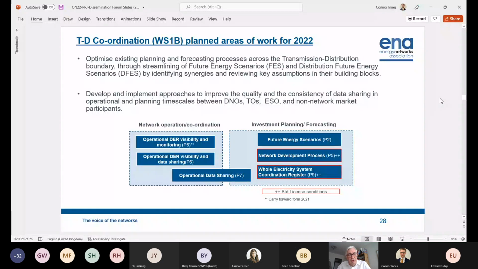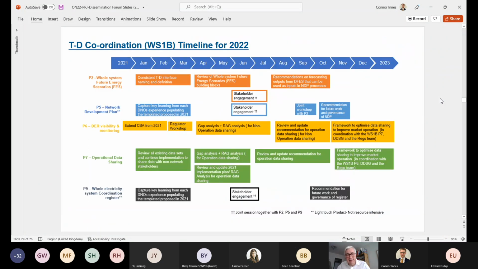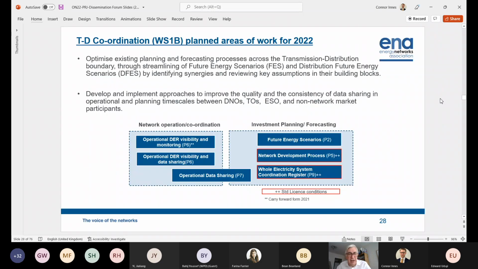But also we've been looking into our approaches to improve the data offering, the quality of that data, and the consistency across all DNOs, TOs and ESO, so that non-market participants know when they're looking at a data set in one network company and then in another, that they're on a consistent basis, and it will aid the marketplace and aid decision making.